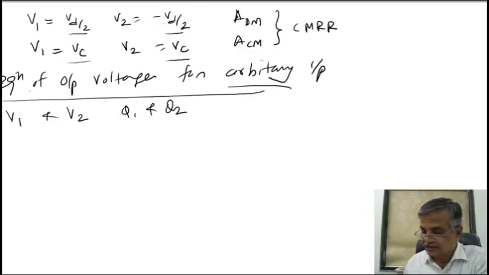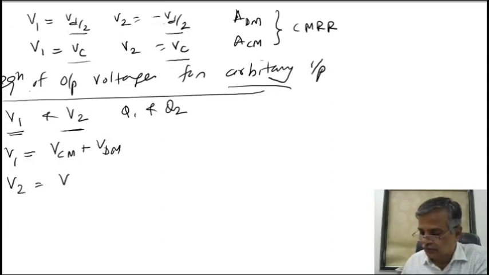Then this voltage can be represented in terms of the sum and difference of the common mode component and differential input component. If V1 and V2 you are giving to the transistors Q1 and Q2, then V1 can be represented by the sum of the common mode and differential component.